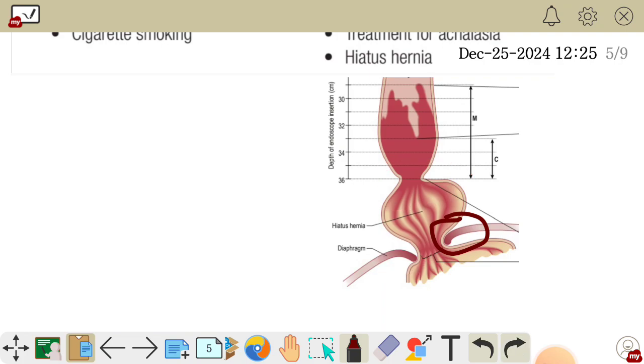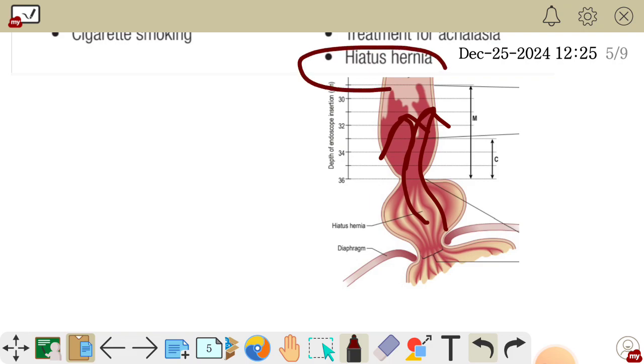So in hiatus hernia, we have herniation of the stomach back into the chest, and that will now misplace the sphincter. Instead of the crura of the diaphragm pressing on the sphincter, we have the crura pressing on the stomach, and now the sphincter will be weak, and that will lead to rising up of the content of the stomach.